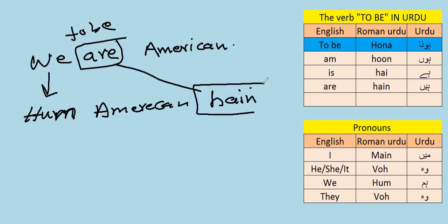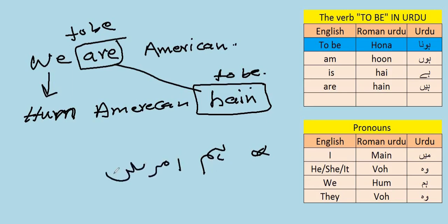As you can notice, all to be forms we use at the end of Urdu sentences, while in English to be we use in the middle of the English sentence. Okay, so this sentence we can write in Urdu script. We can write हम अमेरिकन हैं.